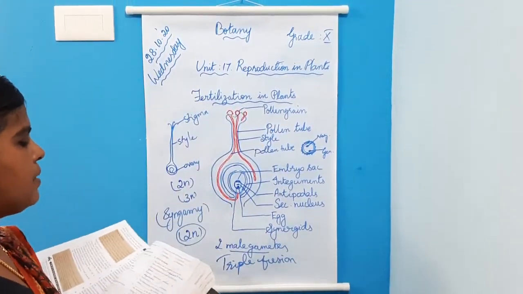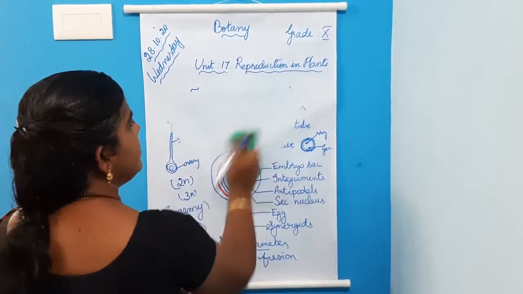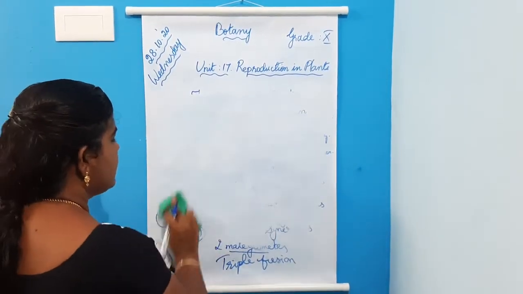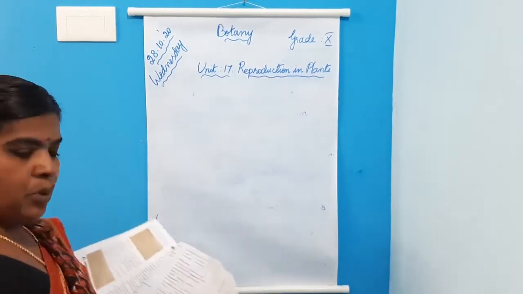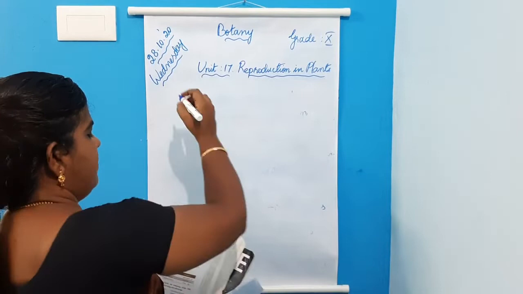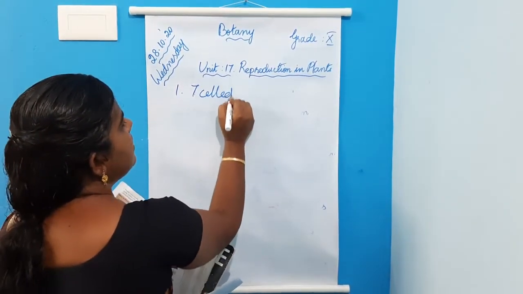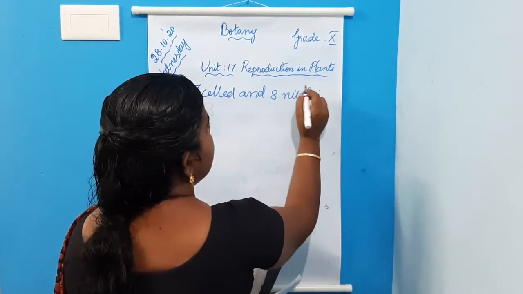First one: the embryo sac in a typical dicot at the time of fertilization is 7-celled and 8 nuclei. Write down 7-celled and 8 nuclei.